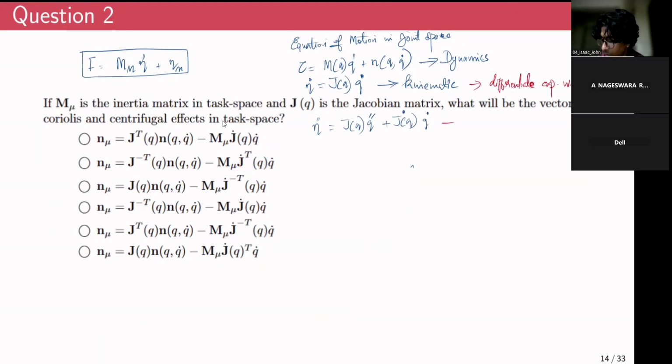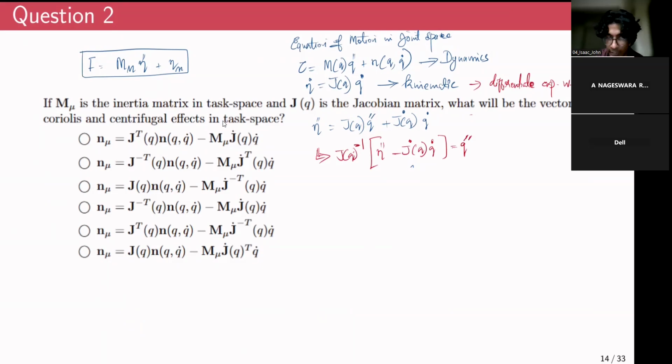Before substituting, I'll rearrange this equation. Eta double dot minus J dot of q, q dot, the whole pre-multiplied by J of q inverse, gives q double dot. So now your q double dot would look something like this.